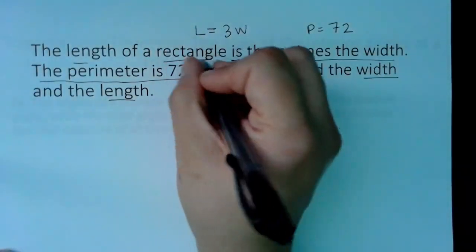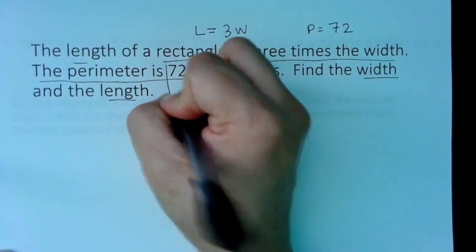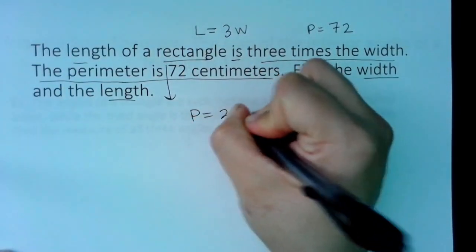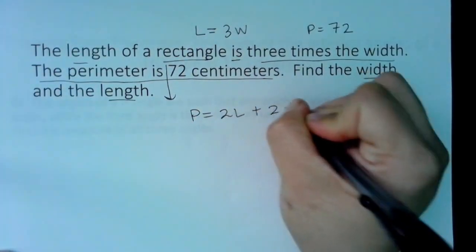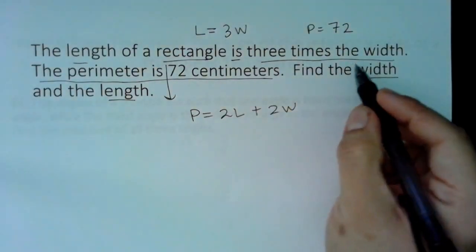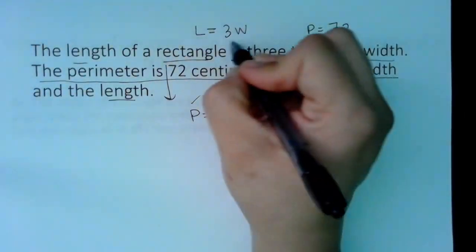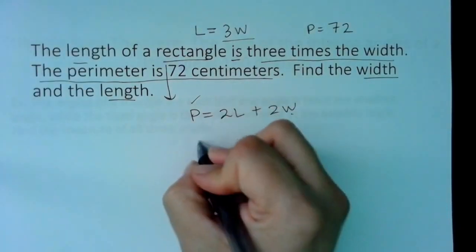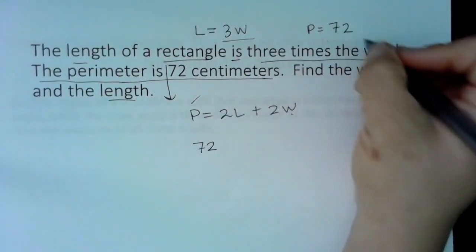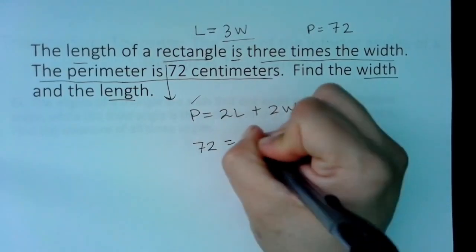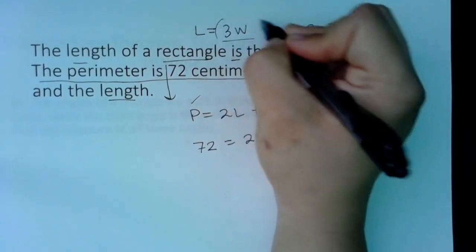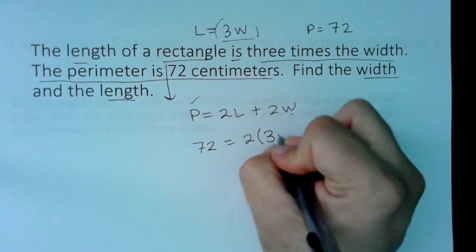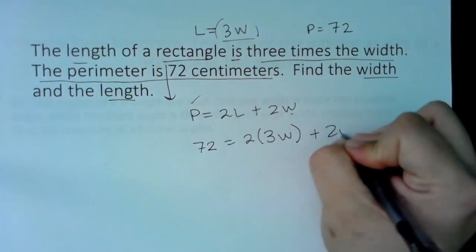So we know for the rectangle, the formula for the perimeter is twice the length plus twice the width, right? So we have P, we have L in terms of the other variable, so we're going to plug this in. So this is going to become 72 equals 2 times, and then what's length? Well, that's 3 width, right? So 3w plus 2w, okay?